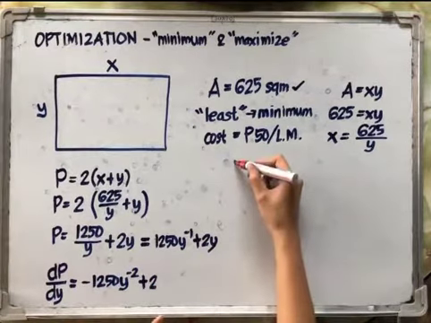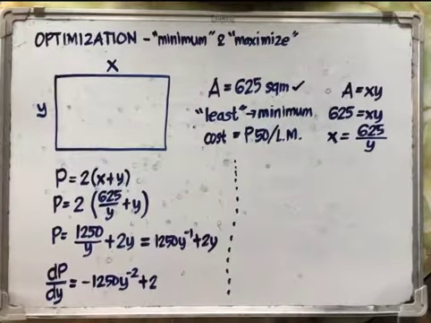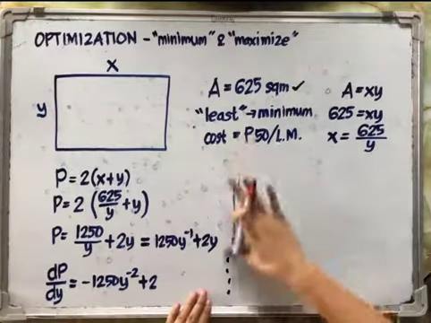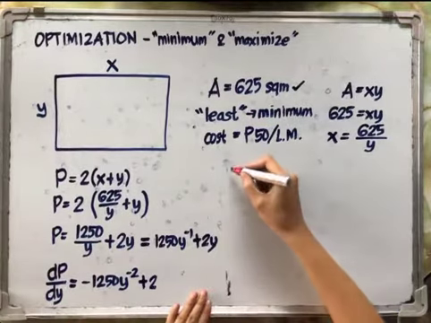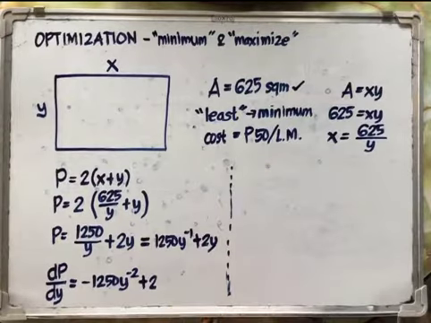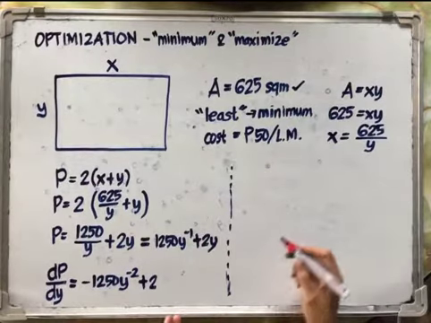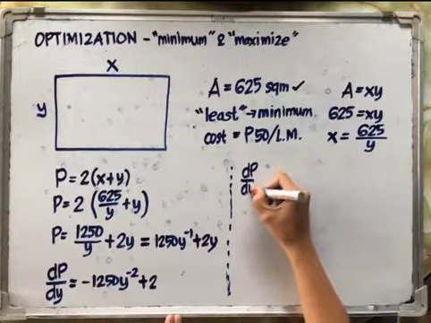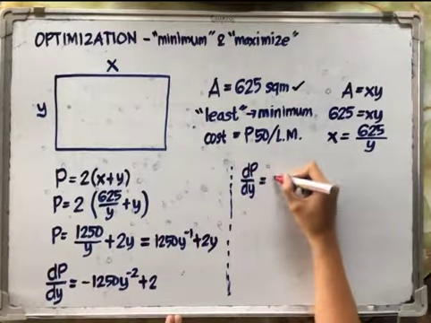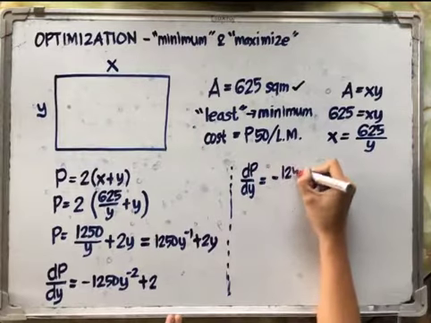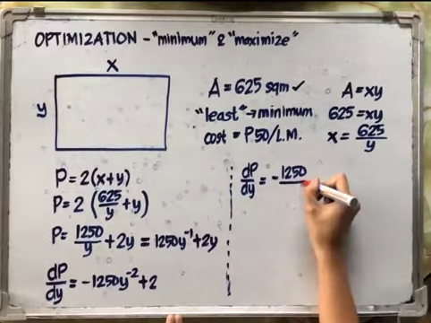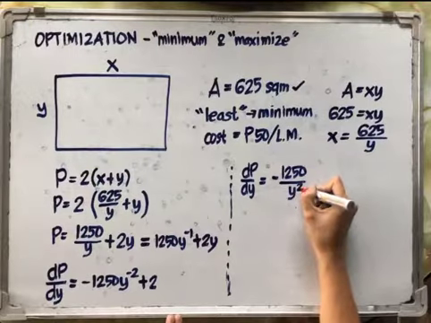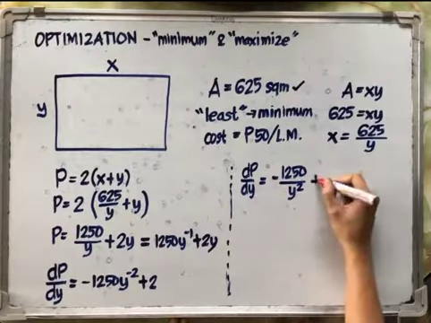Yan. So, cut off sandali dito. Continue natin ang ating solution on this other side here. So, this would be dp over dy. I-rewrite ko siya, ha? 1250 ito over y squared this time. Positive na si y squared kasi binalik ko siya sa baba, plus 2.